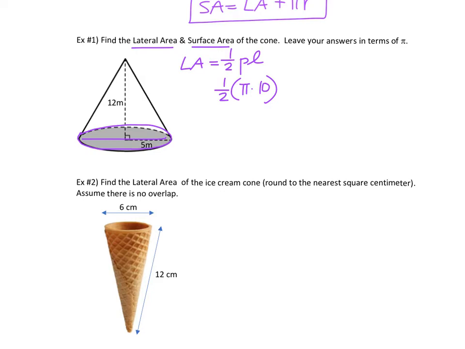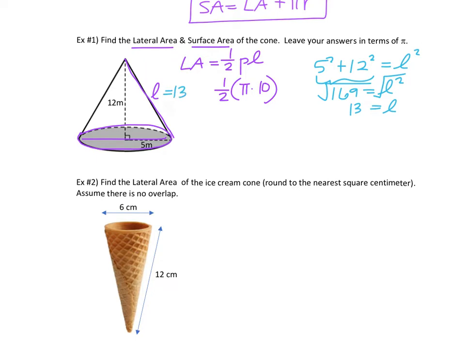And then your slant height. Now here's the deal. We don't know our slant height yet, do we? We need to find it. This is our L, and the way we find the slant height is using the Pythagorean theorem. So we're going to do 5 squared plus 12 squared equals the slant height squared. This comes out to 169. If we take the square root of that, our slant height is 13.